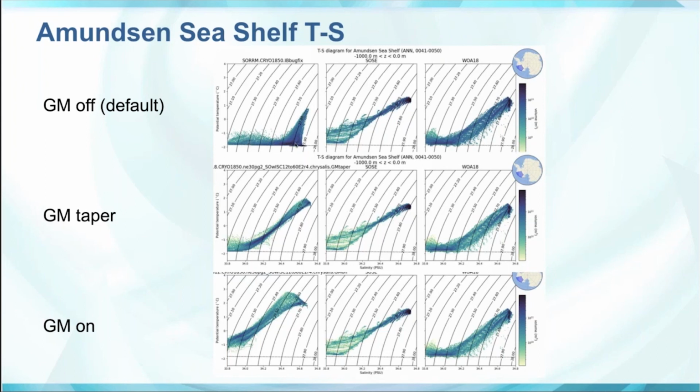The temperatures are far too cold and slightly too dense. The GM on looks a bit better, but is compensating in the other direction, whereas this GM taper is really providing a nice middle ground and a much closer match to the reanalysis and observation products.